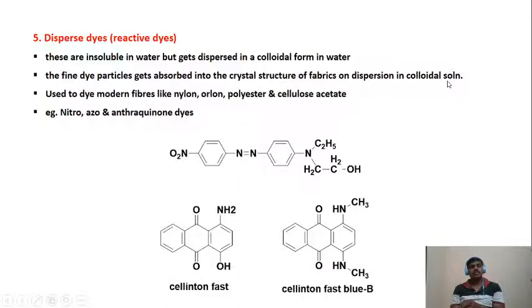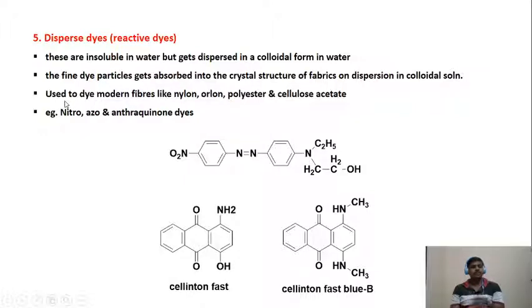You put the dye into the water, it forms a colloidal solution, and into that colloidal solution you put your fiber. The fiber has a crystal structure as it is solid, and into that solid the dye particles get absorbed. So this is how these dyes work.